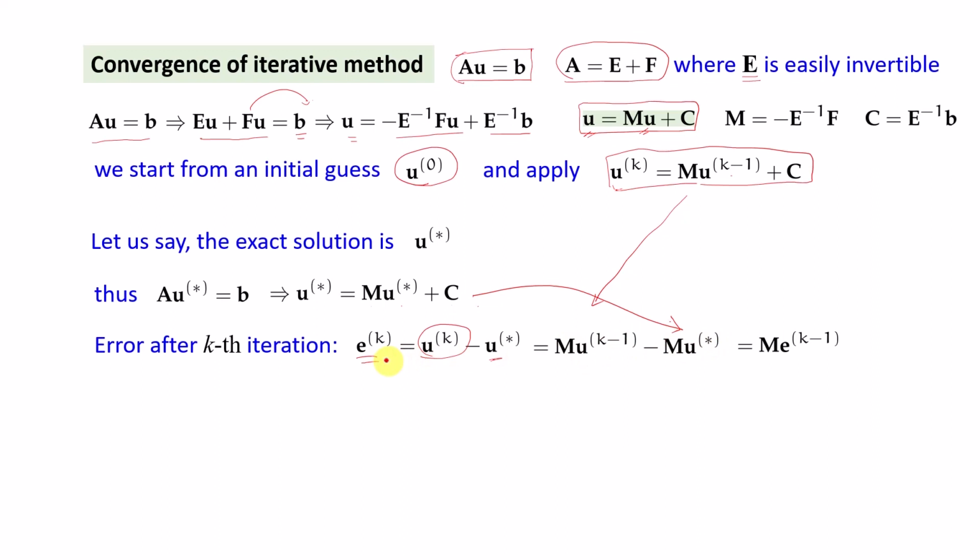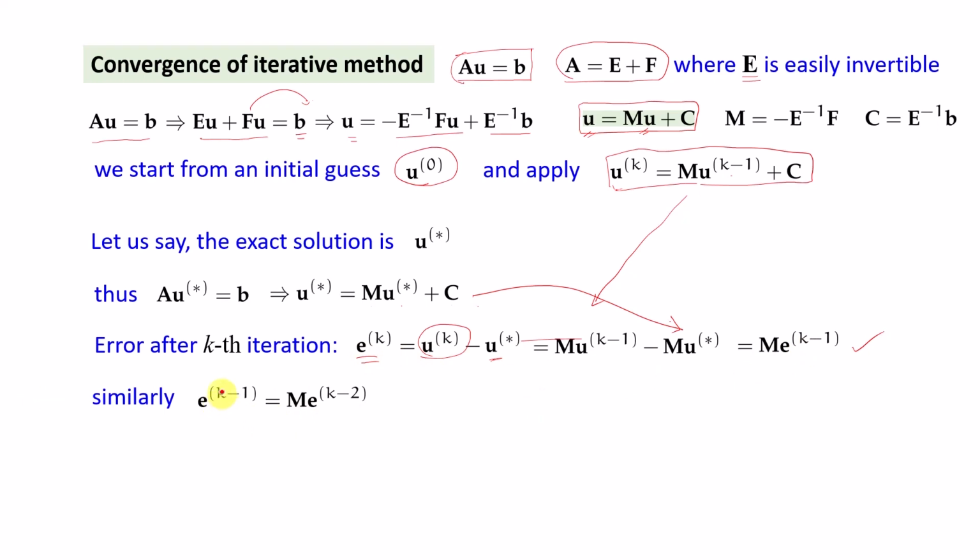That is my error after the k minus 1th iteration. If the kth iteration error is Ek, that is Uk minus U star, then the k minus 1th iteration error will be Uk minus 1 minus U star. So now I have established a relation between Ek and Ek minus 1.